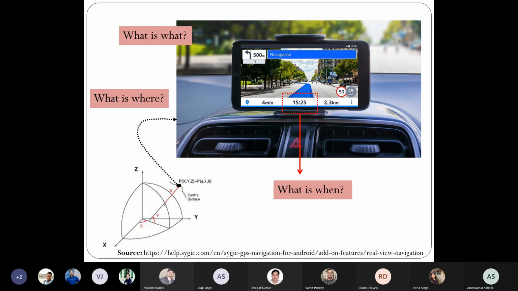So further, this is one of the case studies related to geo-information and assistance to the GIS databases. Let's say someone is driving a car and he stops somewhere, and he wants to send his location information to someone else, if he wants to meet someone.